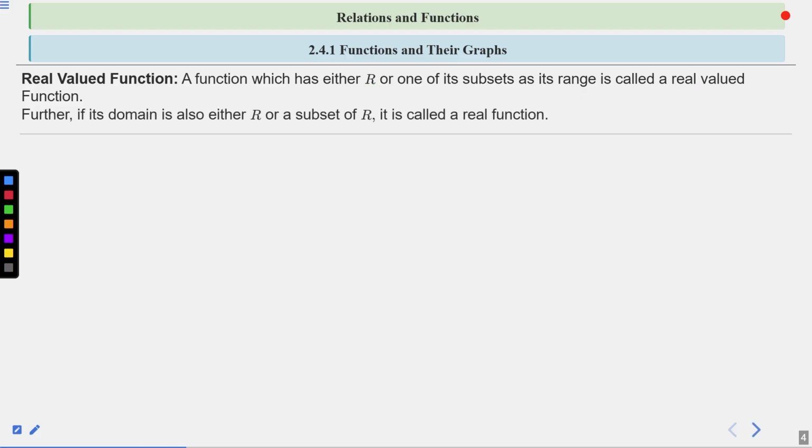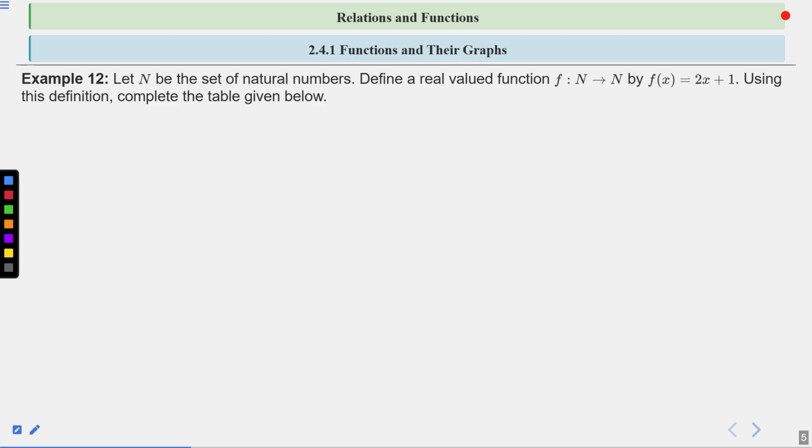Suppose if your domain is also from real numbers, then such a function will be a real function. Clear? So in a real valued function, we are only focusing on range. The range must be from reals. But in a real function, we want both range as well as domain from the reals. Clear? Quite simple definition.